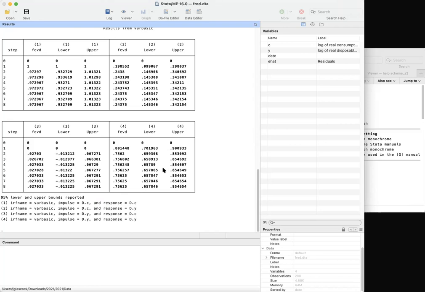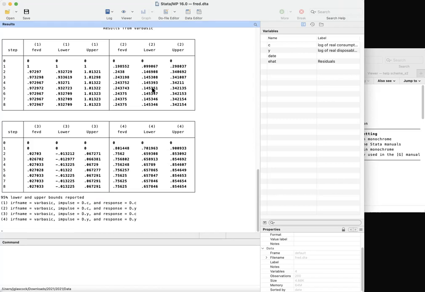Similarly, if we look at the variance of forecast error of Y, that's panel 2 and panel 4. A large proportion comes from the shock from Y itself, over 75%, but it's close to 25% from the shocks in C as well.